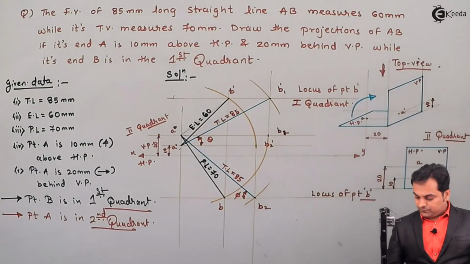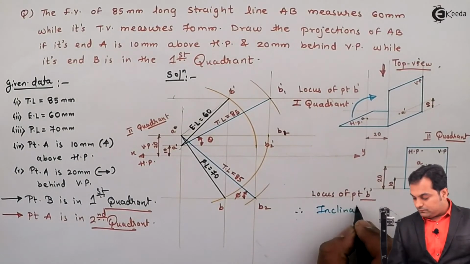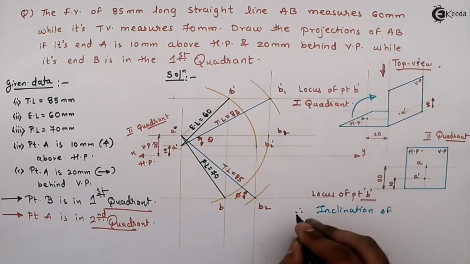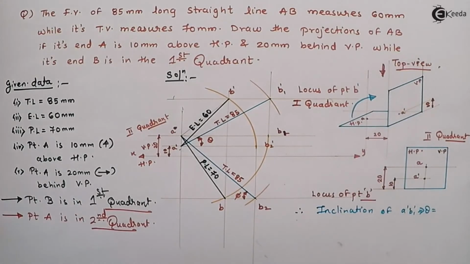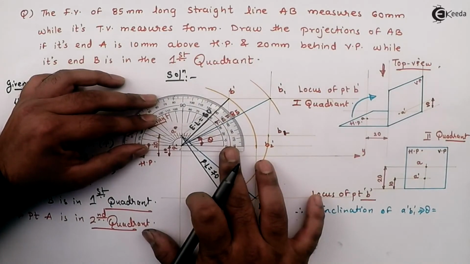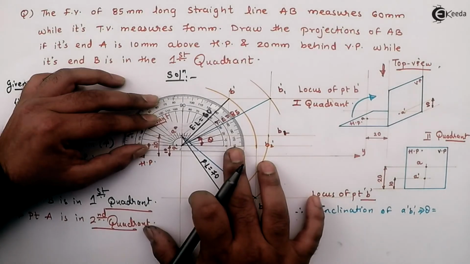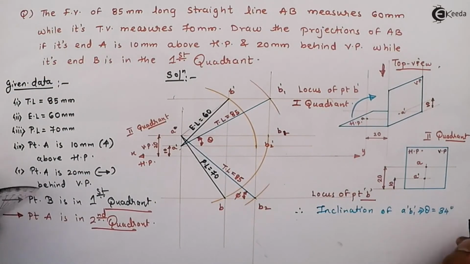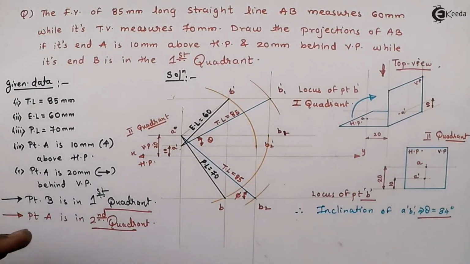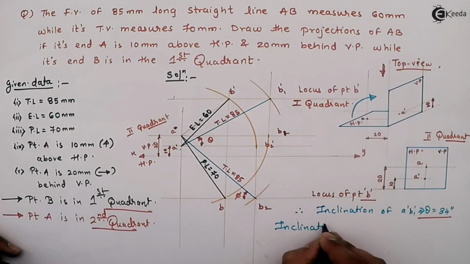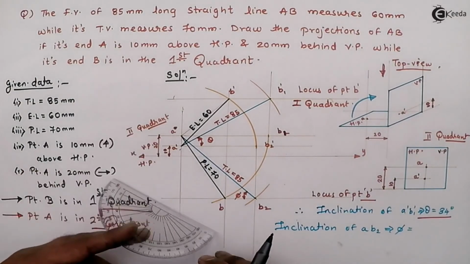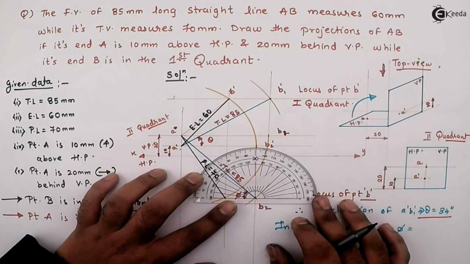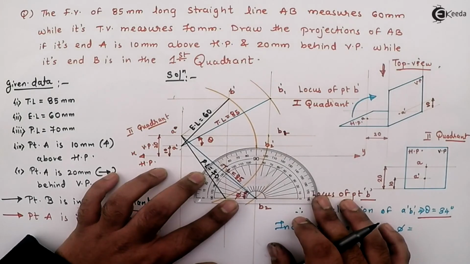So therefore inclination of A dash B1 dash, that is theta, is equal to 34 degree, and inclination of AB2, that is phi, is equal to 45 degree.